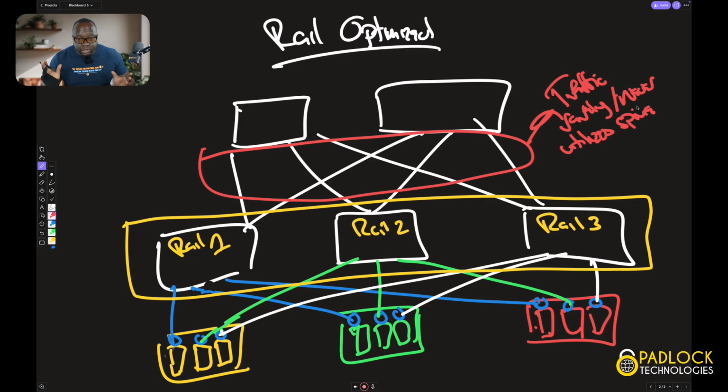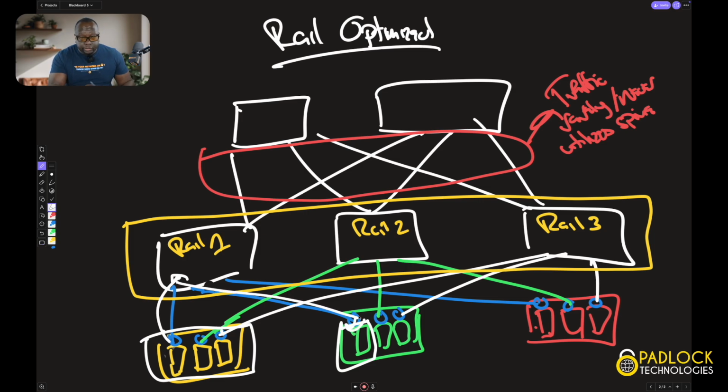So in most CVDs, or JVDs for Juniper folks, they're going to say, hey, use a rail optimized design. Because if I use up all the GPUs in this box here and I want to use this GPU here for more compute, all I have to do is go up to rail number 1 from a data plane perspective, and then I go right to GPU 2.